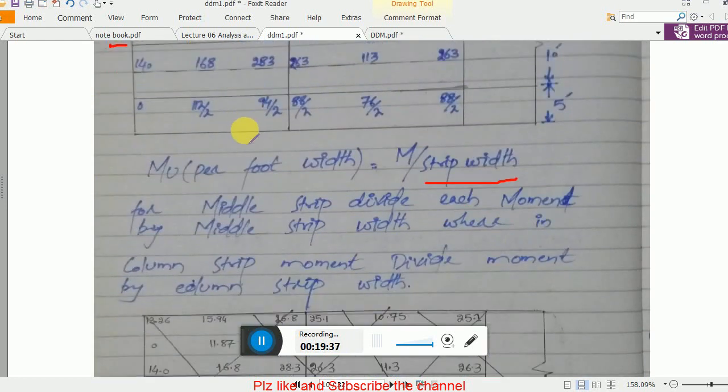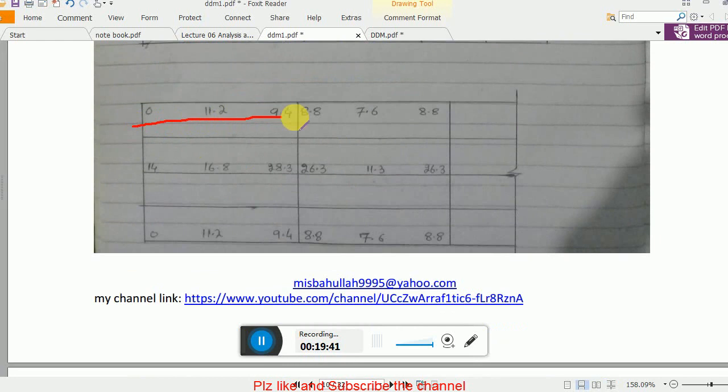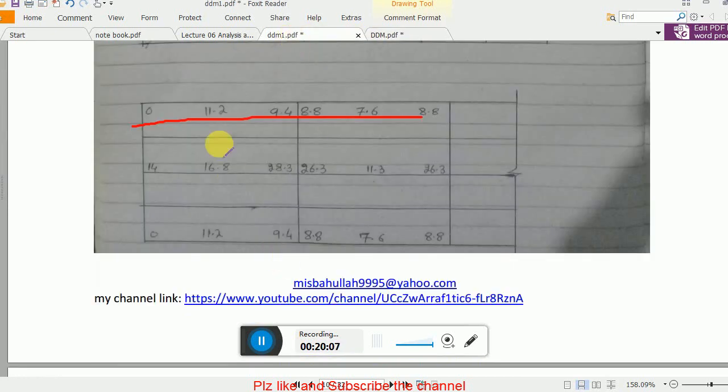The values are 56 divided by 5, 47 divided by 5, 38 divided by 5, 45 divided by 5. But for the column strip, you have to divide 168 by 10 because the column strip width is 10 feet, while the middle strip width is 5 feet. So you get these values.